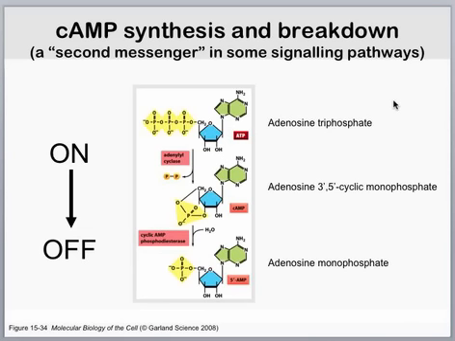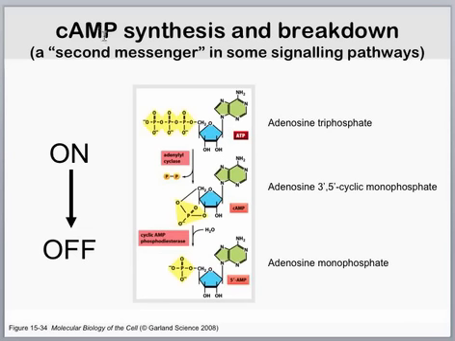There was a range of different signaling molecules that could bind to particular cells, and often one of the first things researchers identified as occurring was the cells being able to make this molecule, cyclic AMP. So this cAMP here is cyclic AMP.